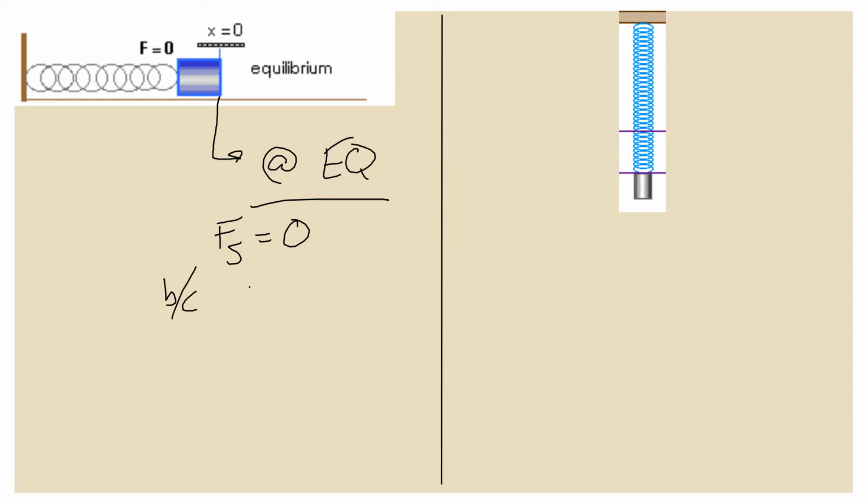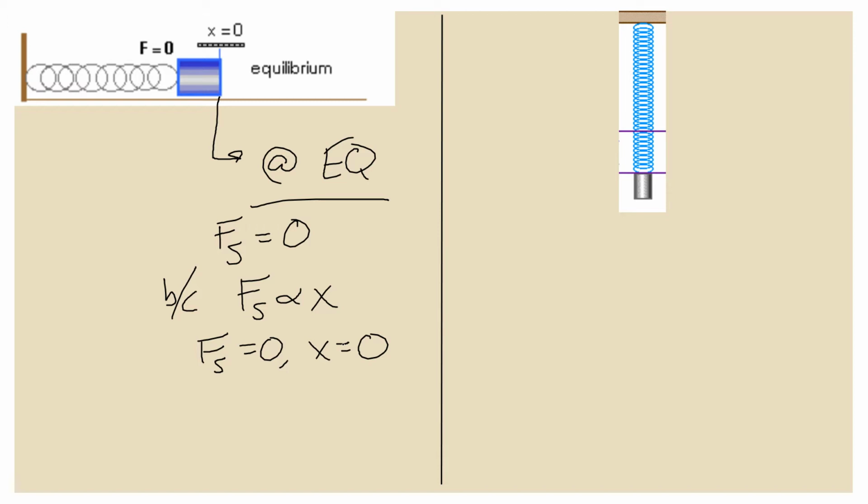What we're also going to say here is that because the spring force is directly proportional to the displacement, the spring force being zero means x is equal to zero at this particular location. That's the natural length of the spring.